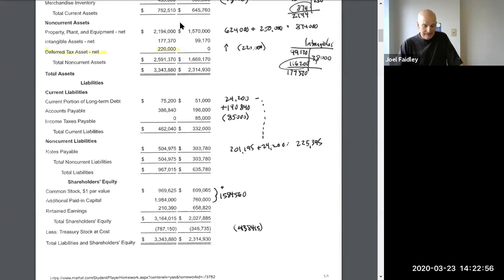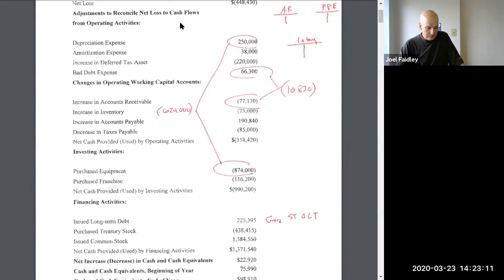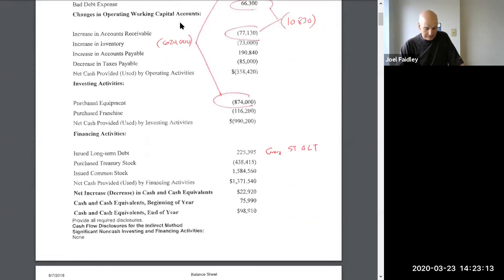So the net increase in long-term debt is a plus of $225,395. My debt has gone up. Any liability that goes up is a plus to cash. So $225,395 is going to be put right there, right? The plus group short-term and long-term. That's what that says. Group short-term and long-term together.